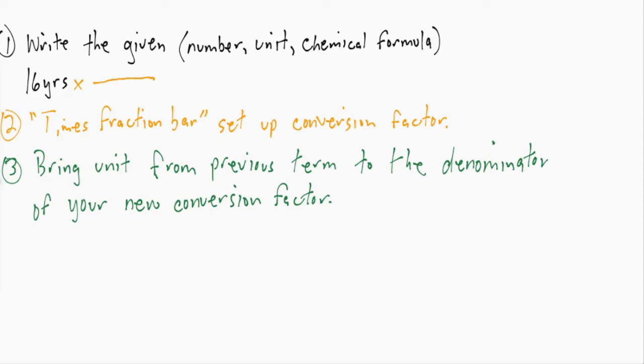Okay, so let's do that. This is the unit. Bring it down here. Very simple. All of this stuff is automatic. Everybody should get to this point without even thinking.